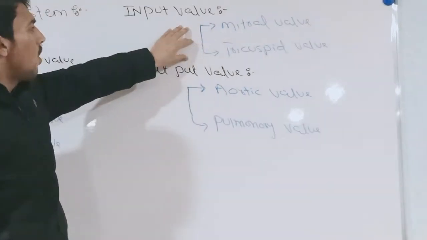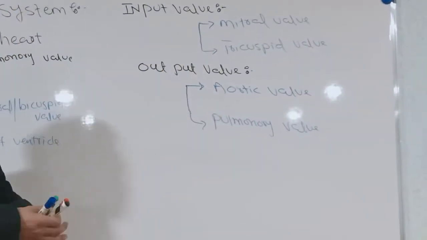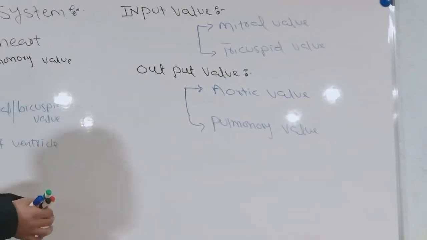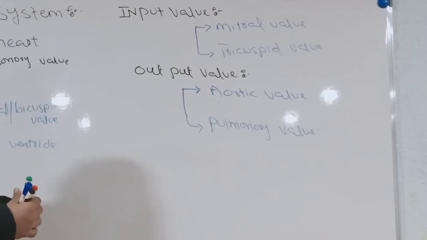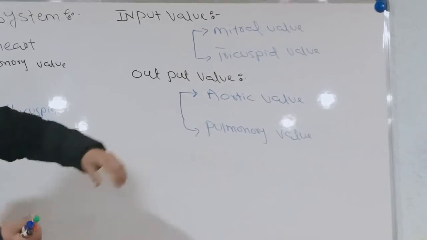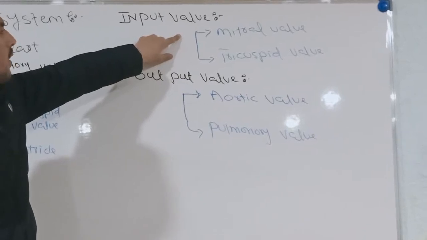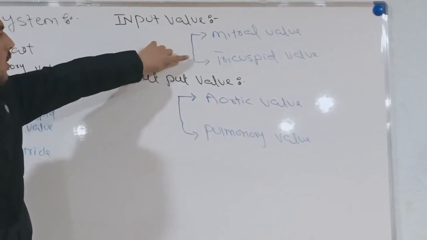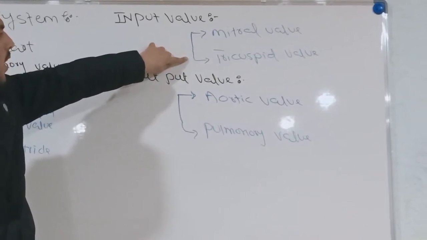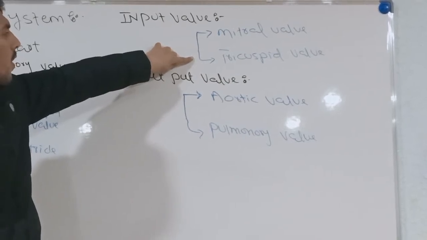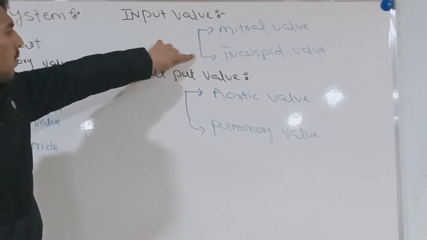The mitral valve and tricuspid valve are present between the atrium and ventricle. The mitral valve is present between the left atrium and the left ventricle. The tricuspid valve is present between the right atrium and right ventricle.